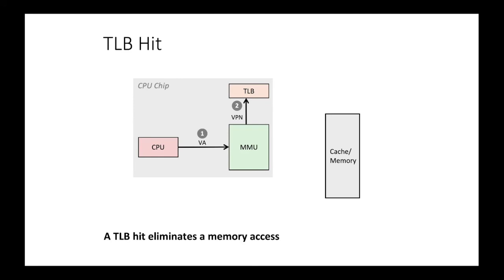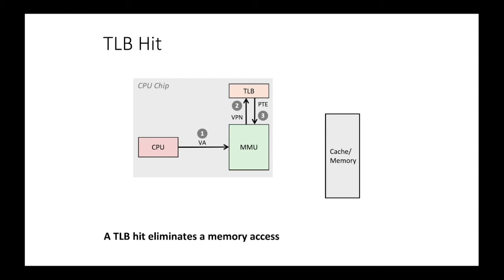For example, the CPU issues the virtual address and the MMU accesses the TLB cache first using the VPN and gets the page table entry that we need for address translation. Because this is a TLB hit, we don't access the memory hierarchy for address translation.